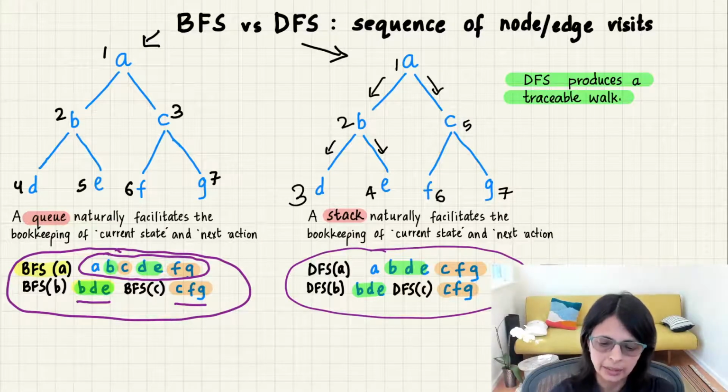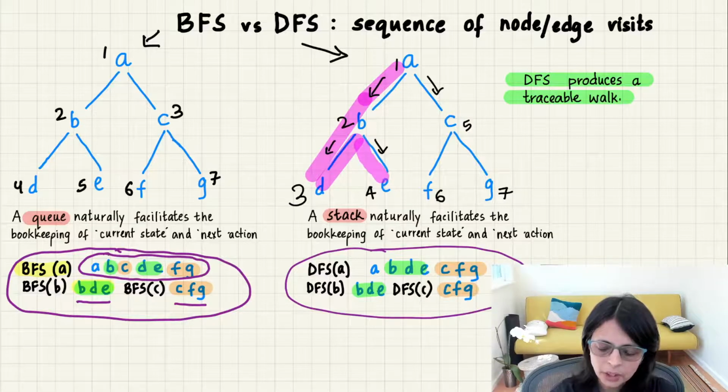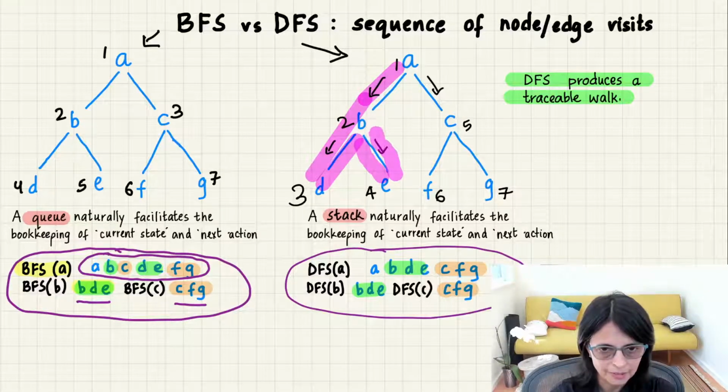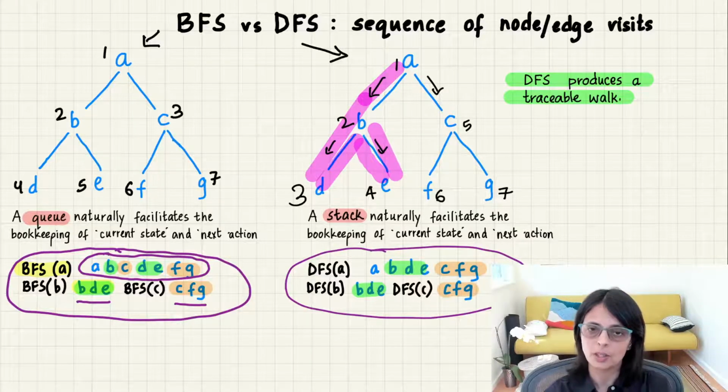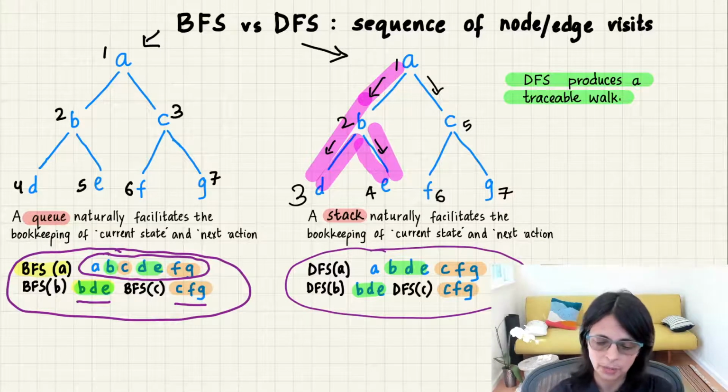So you are on A, from A you went to B, from B you went to D, and so you can just come back from D, then you're going to E. So whatever you want to do next is always a neighboring node, whether it's going to a neighbor or whether it's going back to your caller. And from B you go back to A. So as you can see, this is a trace.